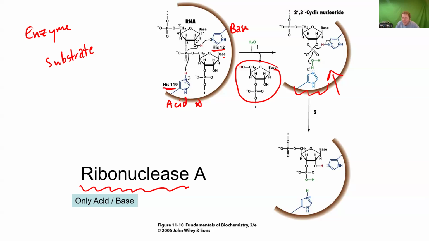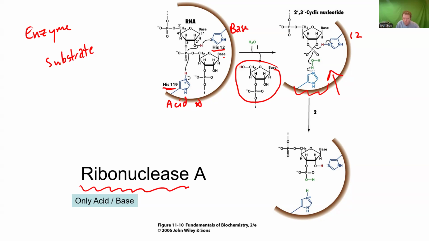Now, the remaining electrons on water are going to help displace and prep the remainder of our substrate so that it can take off a proton from histidine number 12. Histidine 12 started out as a base, it picked up a proton, and right here it's protonated, so it's acting as an acid. Water rolls in, displaces a portion of our substrate, and then picks up this proton and returns histidine 12 to its state as a base.